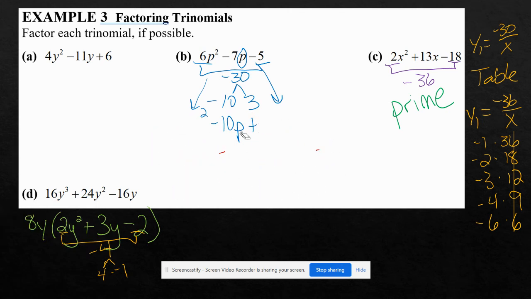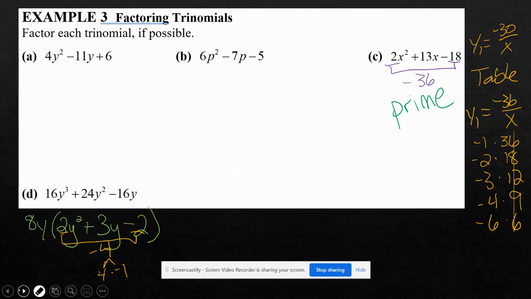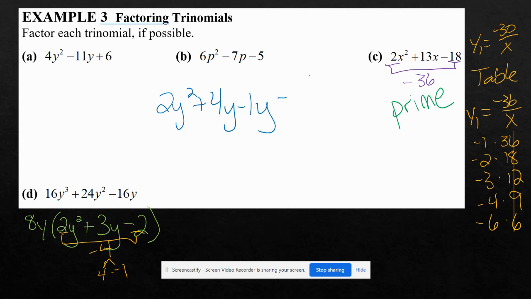I'll grab some space here. So to write that out, we have 2y squared plus 4y minus 1y minus 2. Split that in half.